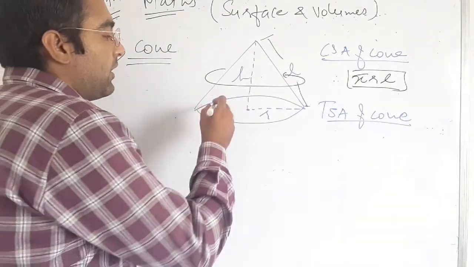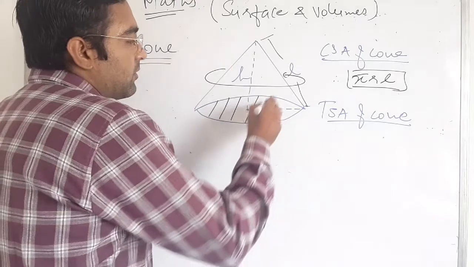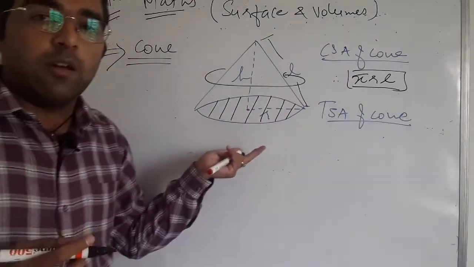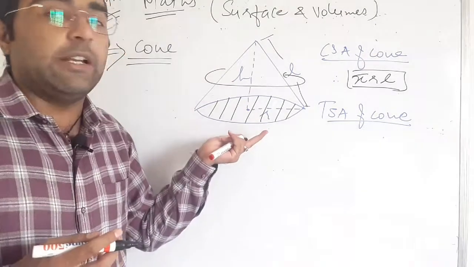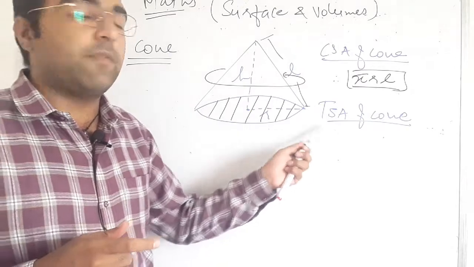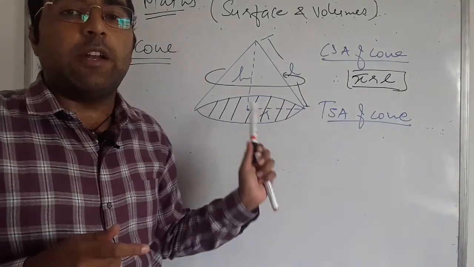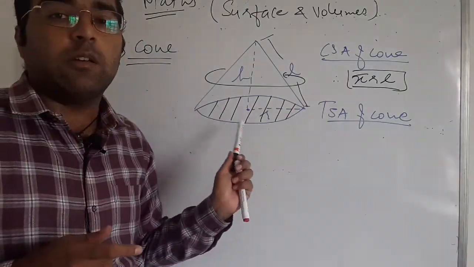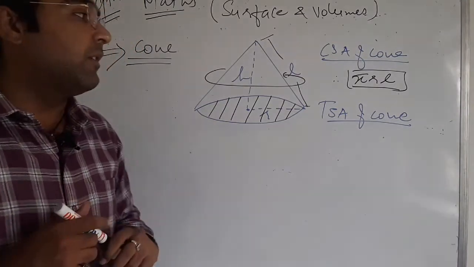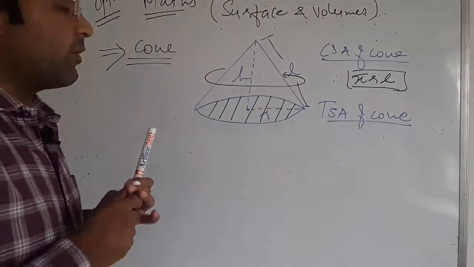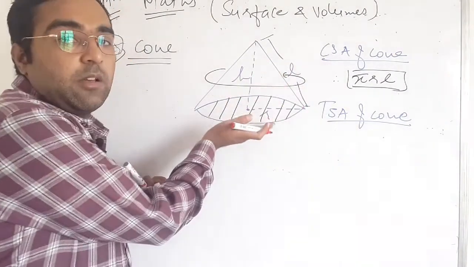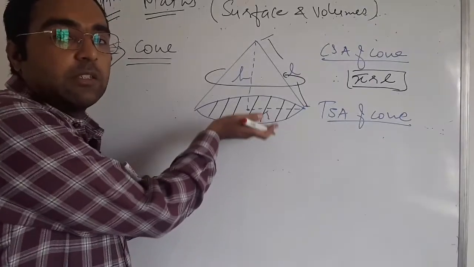That means the cone is closed from the bottom. So we take the total surface area of the cone whenever it is closed from the bottom, the curved surface area plus the area of the bottom, that is the circular part.